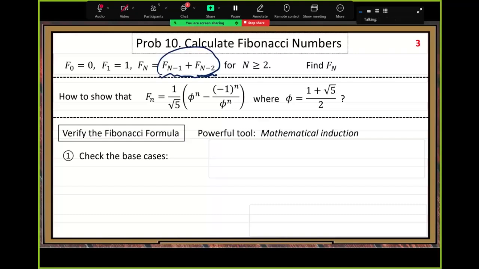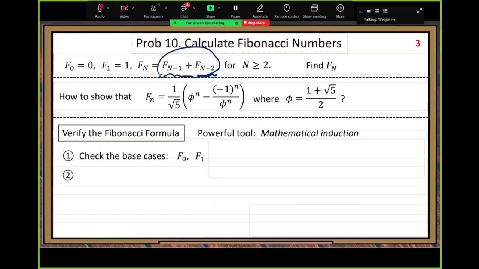If you have 3 terms, you need to verify 3 base cases. With 4 terms, you need to verify 4 base cases, and so on. Here, 2 cases: F0, F1. Step 2: the induction assumption.